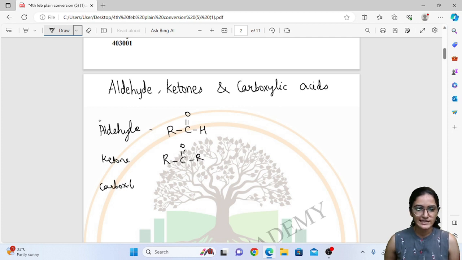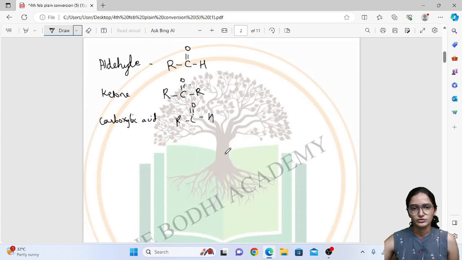Carboxylic acid has the formula R-C double bond O-OH. So if you notice, in all three general formulas we have C double bond O in the compound. So that's why we call them carbonyl compounds.